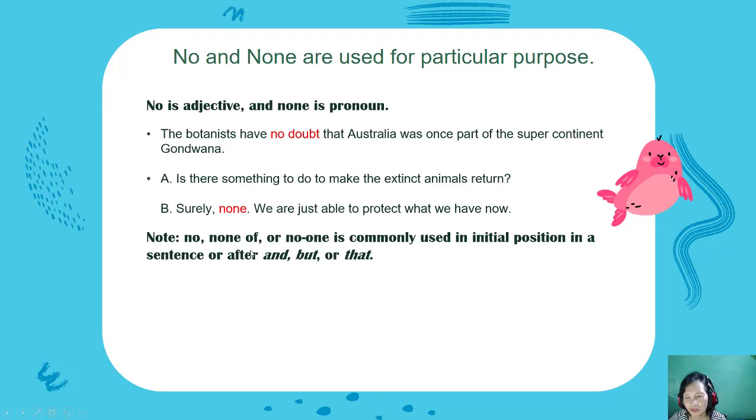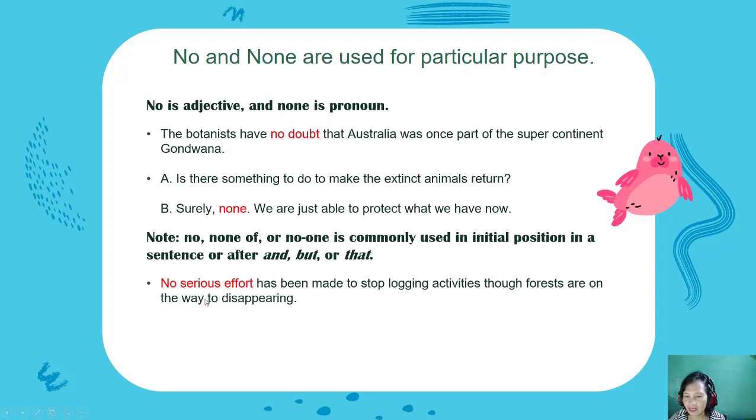Okay. No, none of, or no one is commonly used in initial position in a sentence or after and, but, or that. No serious effort has been made to stop logging activities, though forests are on the way to disappearing. Again, you can have this form: there is no serious effort that has been made to stop logging.